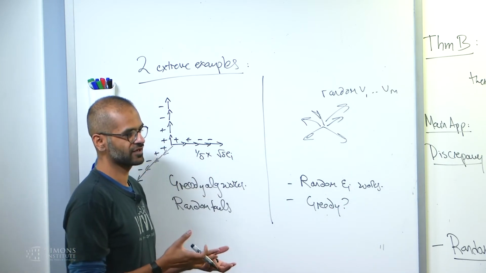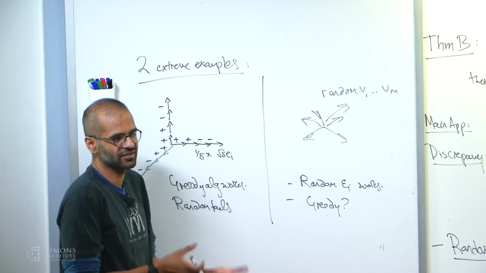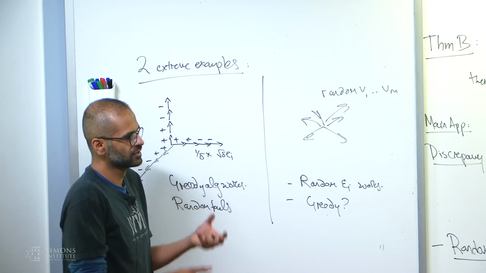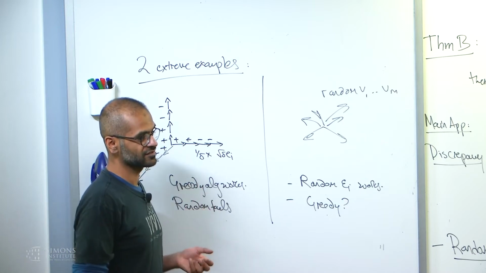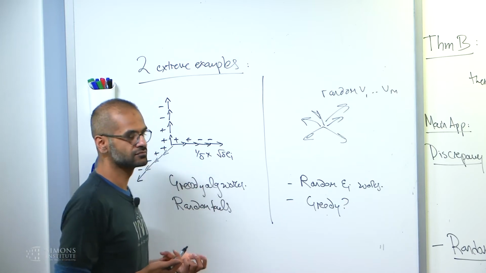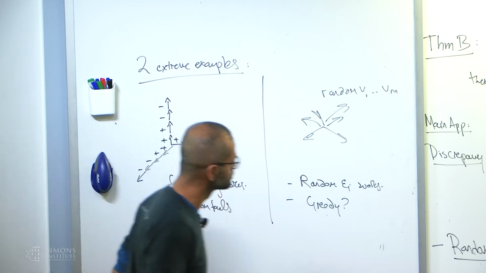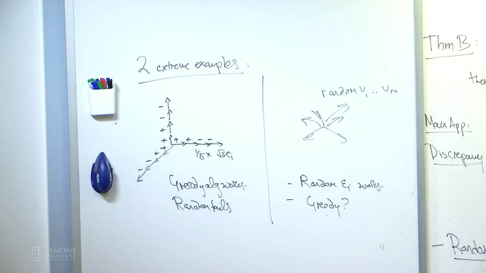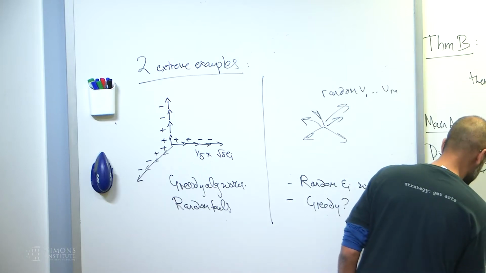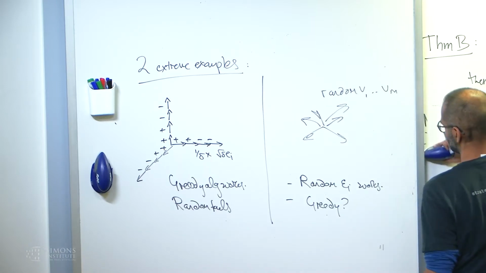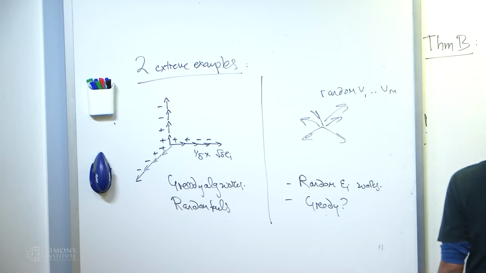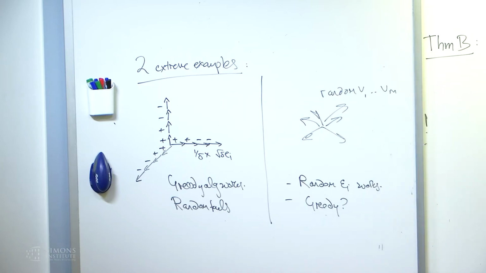If you give me a bunch of random vectors and you try to find some deterministic algorithm that partitions them into almost these balanced sets, I don't know how to do it. Okay, so this is somehow the difficulty of the problem. So now we'll see that theorem B just doesn't even notice this and just immediately solves this problem. But the point of these examples is to show that any solution must be somehow with low probability.